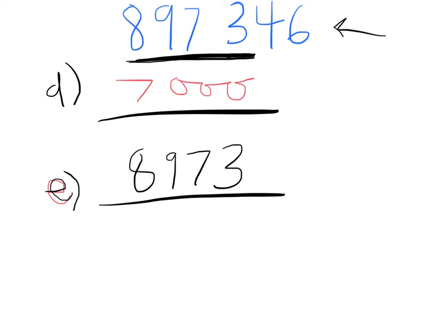You've got 300s there, and you've got 70 hundreds there, and you've got 900 hundreds there, and then you've got 8,000 hundreds there. But the trick is just to remember, start at the 100 value and go up. So there is in total 8,973 hundreds in this number, because 3 is in your hundreds place value column.